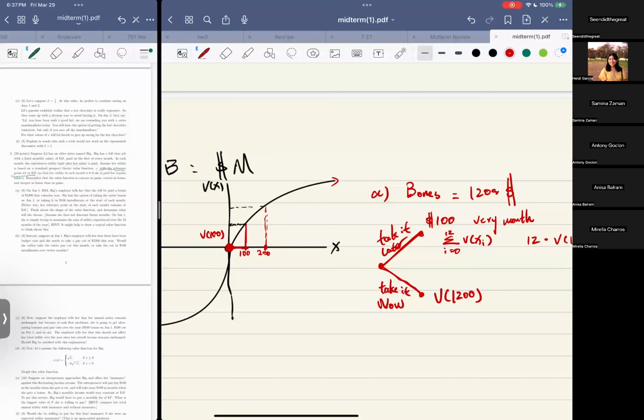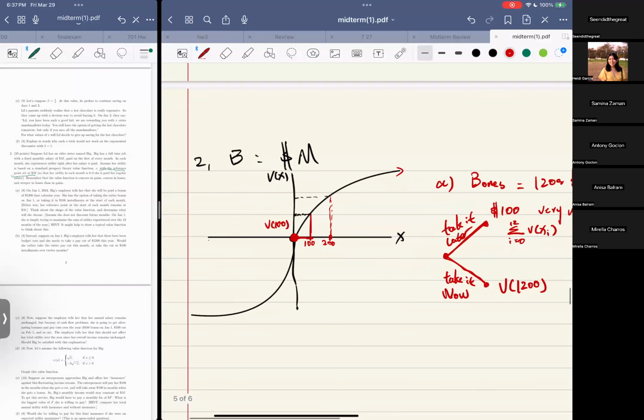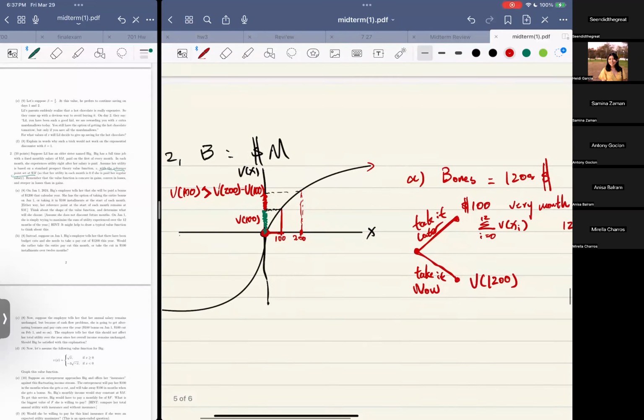So V of 100 must be greater than V of 200 minus V of 100. So this length, green, is greater than this red. The more value we have, the less additional happiness we get from that.